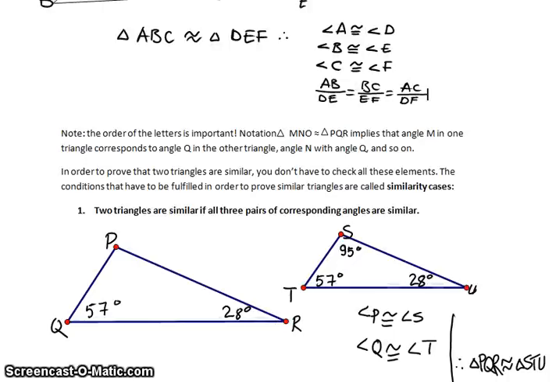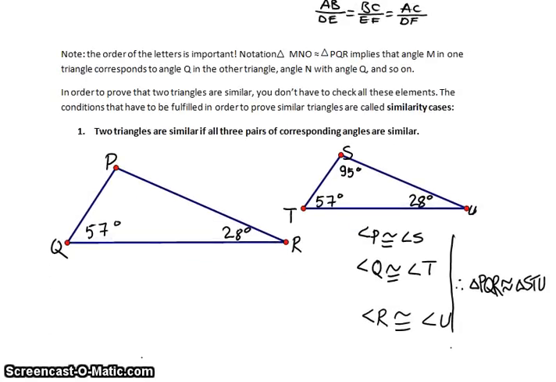The first one we've already used when we discussed indirect measurement. If two triangles have 3 pairs of corresponding angles congruent, then the triangles are similar.